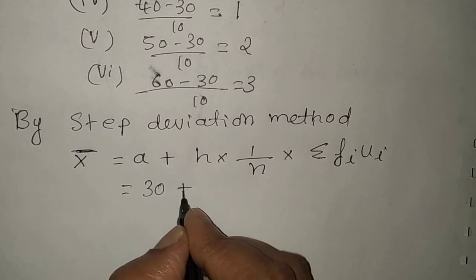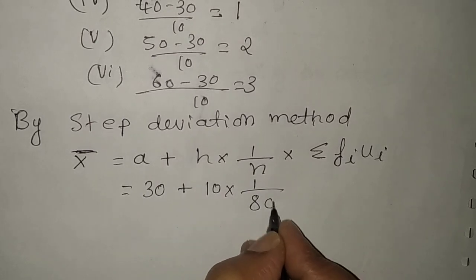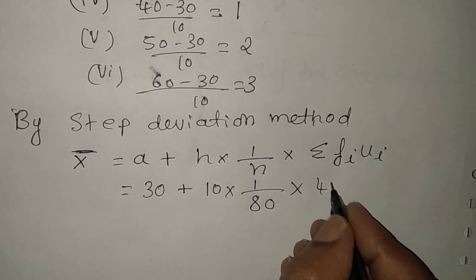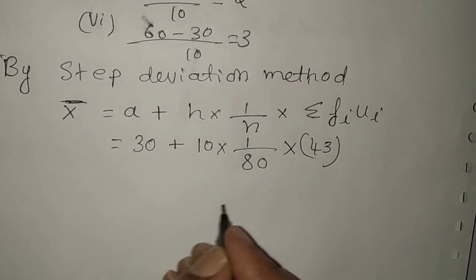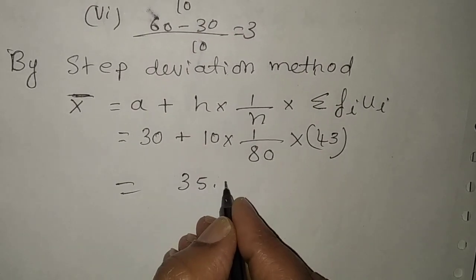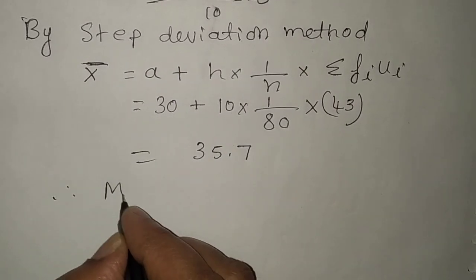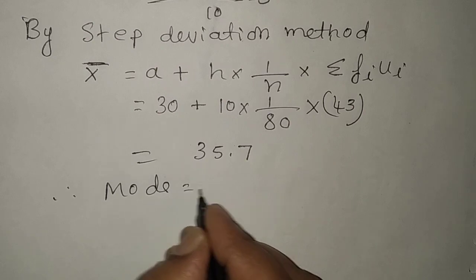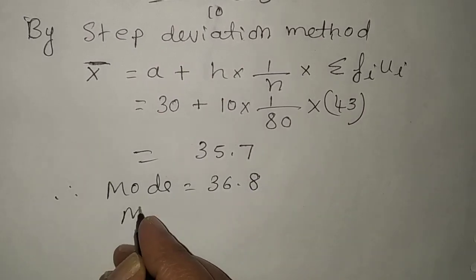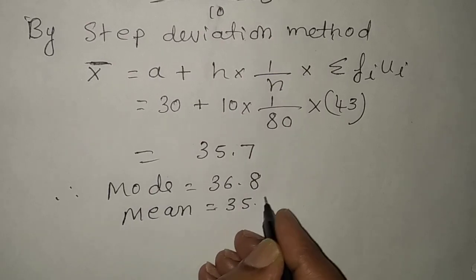A is 30 plus h is 10 into 1 by 80 into summation 43. Simplify all this, we will get 30.7. Therefore, mode we got is equal to 36.8 and mean is 35.37.